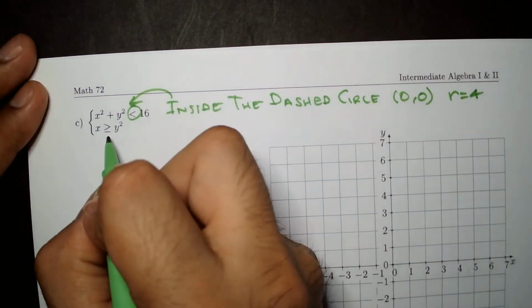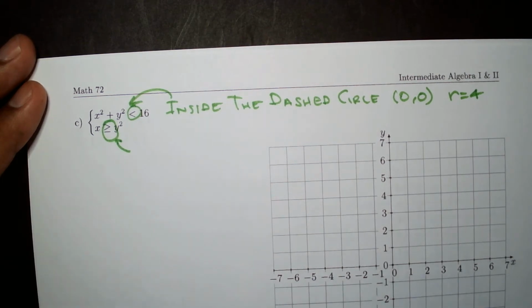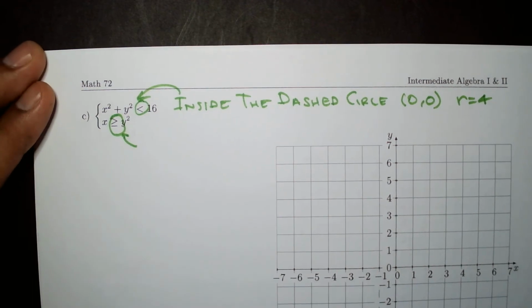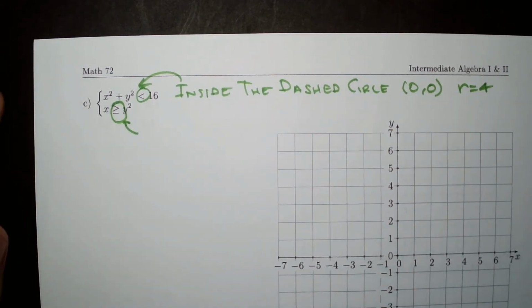Okay, and this one over here is going to be a new one, because in this case we have x greater than or equal to y squared, not y greater than or equal to x squared.